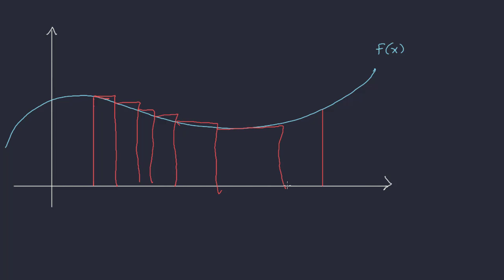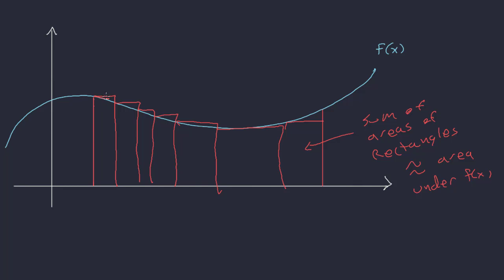Okay, and then maybe here use this rectangle. So we would just maybe throw a bunch of rectangles beneath this curve, and the area of these rectangles summed together, okay, the sum of these will be approximately equal to the area under f of x.